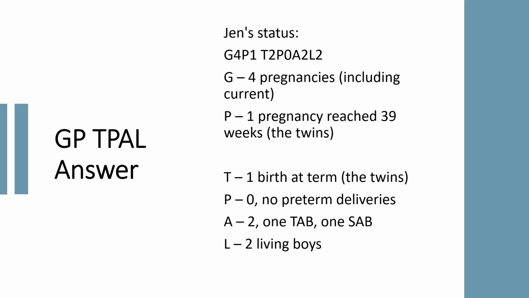P, no preterm deliveries, so that should be a P0. A should be 2, 1 for her therapeutic abortion and 1 for her spontaneous abortion, and L should also be 2. So therefore, her final answer should be she's a G4, P1, T1, P0, A2, L2.